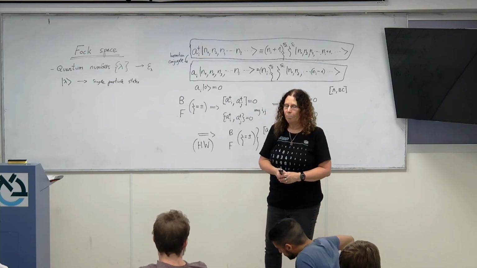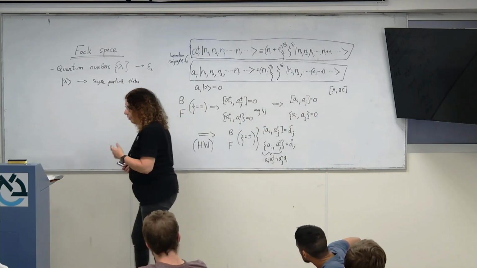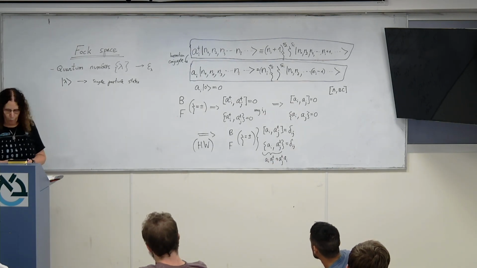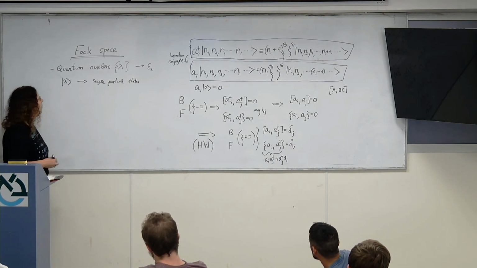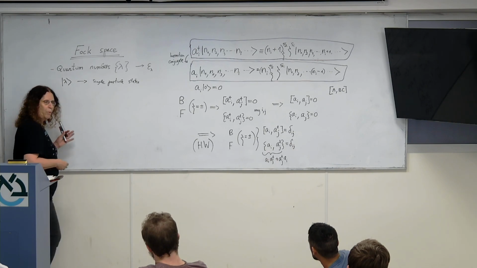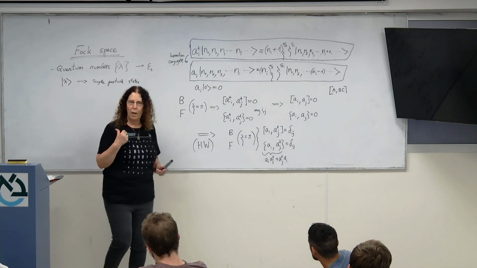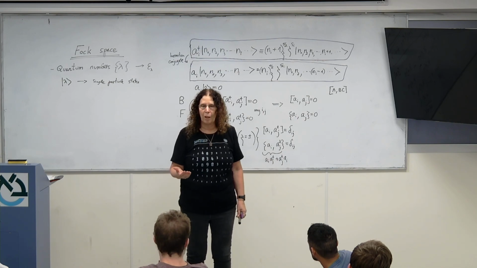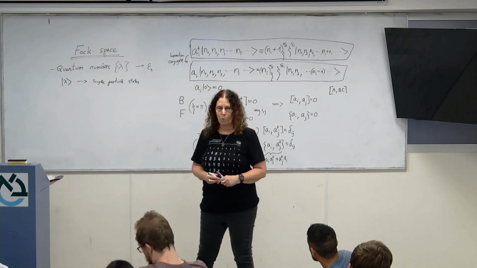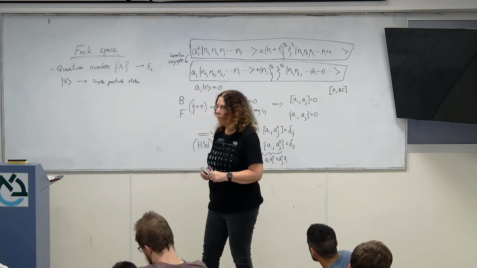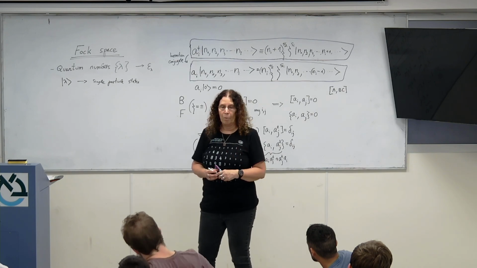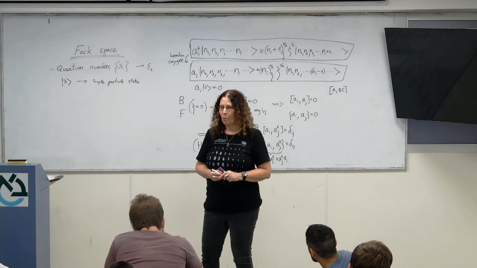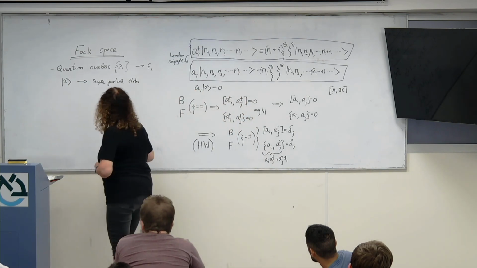What do you do? Let's see that we can do it in a very simple way, using the change of basis that we are already familiar with for single particle states, right? For single particle states, we know how to change from basis lambda to some basis, let's call it lambda twiddle. How do we do it? Let me remind you.